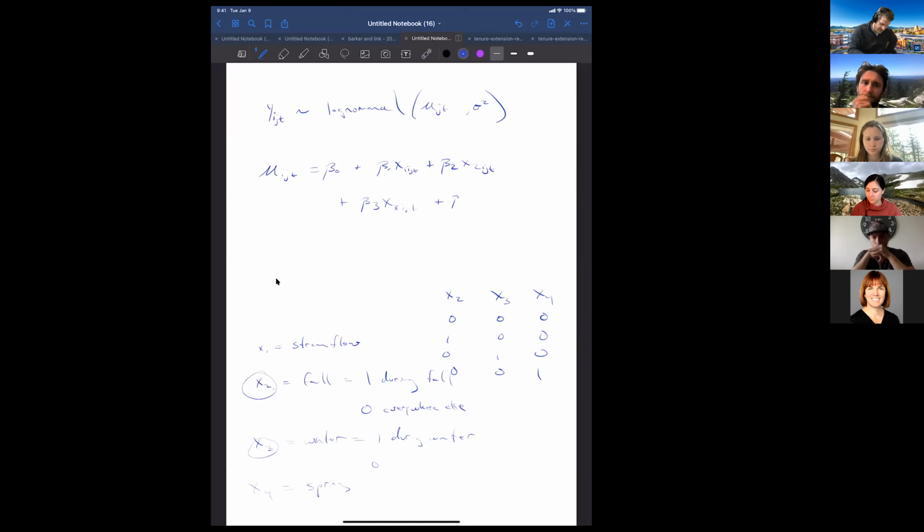I'll finish reading this out. So we can work this out. Then we have, during fall, the expected value is going to be beta 0 plus beta 1 times x1, and x1 is only 1 during fall, so we have beta 1.